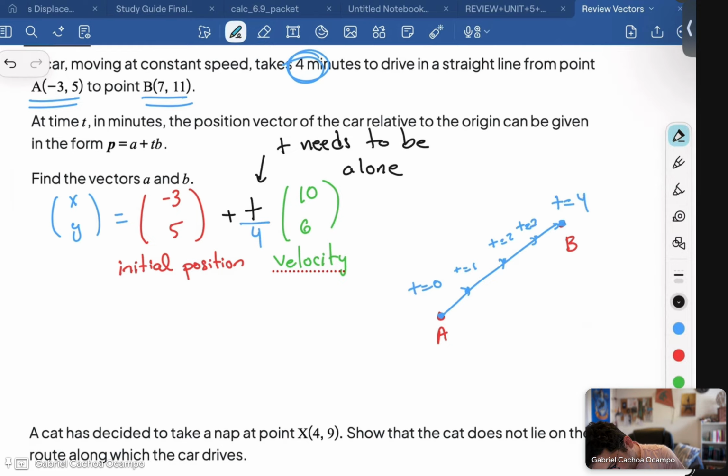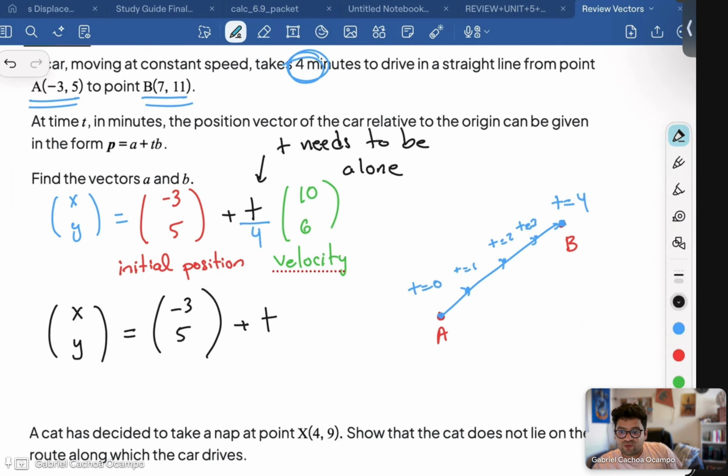My final answer would be -3, 5, which does not change, plus t, and I push the 1/4 inside, so that is 10/4, 6/4. You can simplify the fractions, you can write them as decimals, whatever you want.